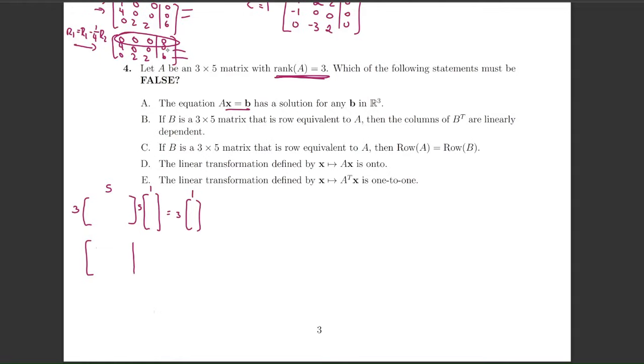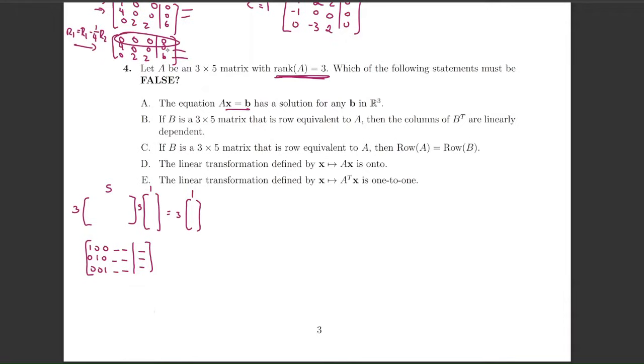Okay, so if A has a rank of 3, we can visualize this in the augmented matrix form, where we have A on the left, and then b is over here. Our b could be any numbers, but we know that our A is going to be rank 3. So we know that it has a pivot entry in each row of its reduced form, something like 1, 0, 0, then 0, 1, 0, and then 0, 0, 1. And we don't really know what the other entries are because there are more variables than there are rows.